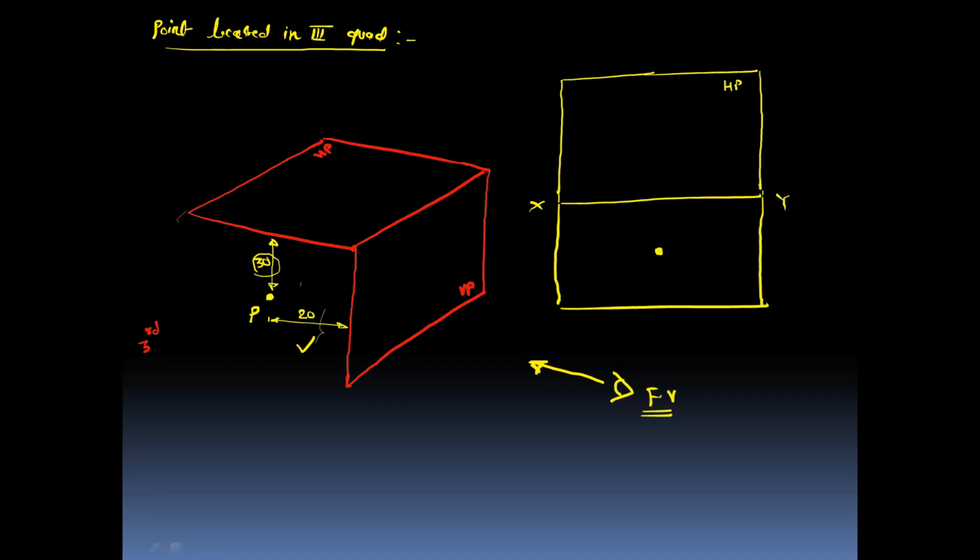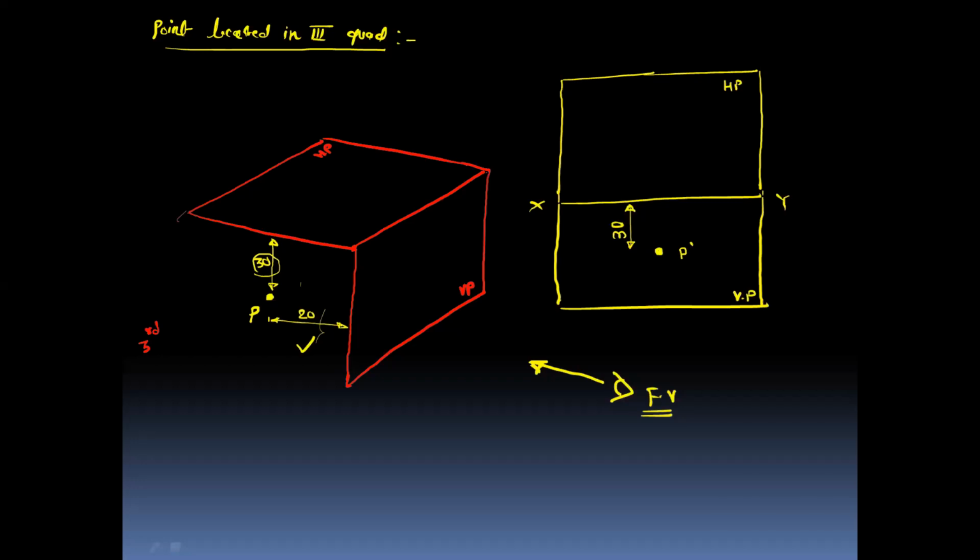We have to represent this front view by the letter P dash. So we use the dash for the front view. So this is your vertical plane and the distance of this point P is below the XY line or below the HP. So this distance is equal to 30 mm.